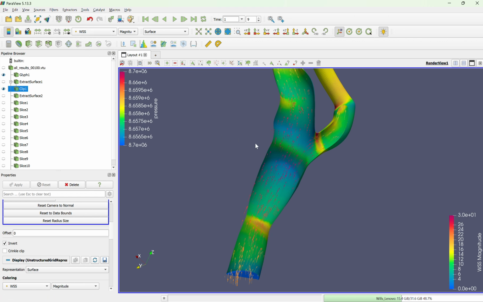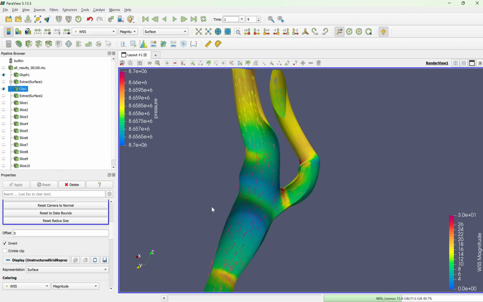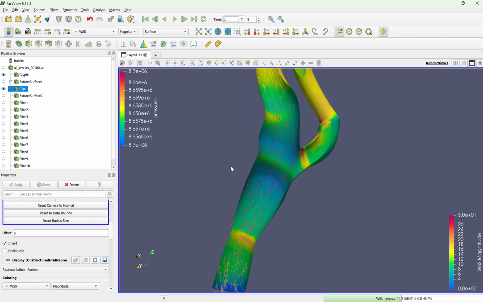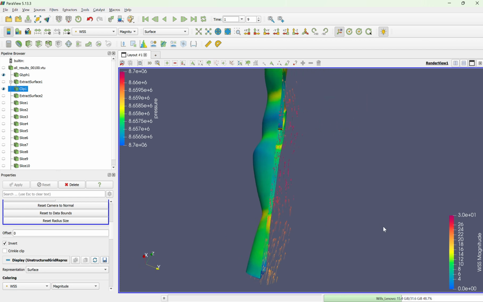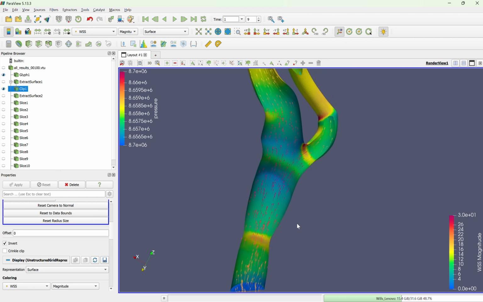This clip that we took, cutting the artery in half to see the inside, shows the wall shear stress. We can see in the darker areas lighter stress on the artery, and at these pinch points we're noticing a higher stress on the artery.